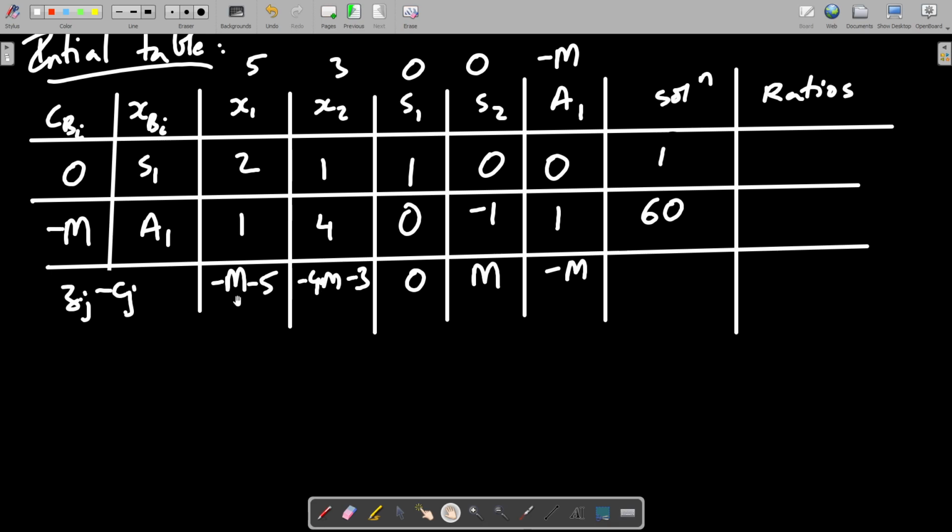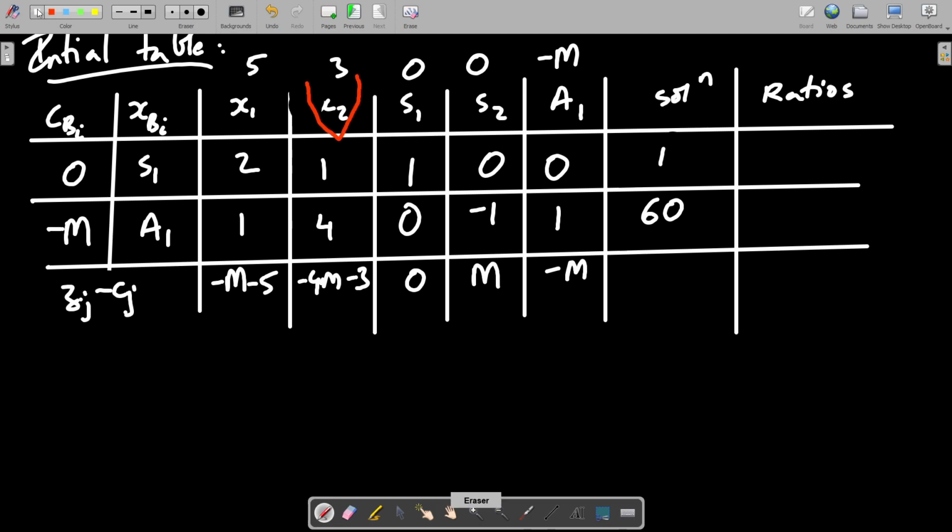So minus 4M will be a very negative number, more negative than the other. So the incoming column is this.